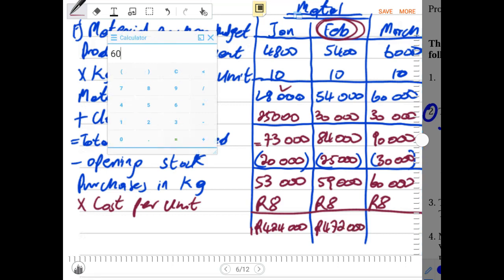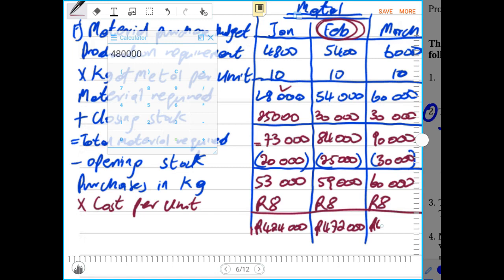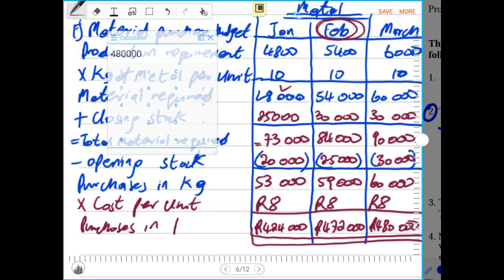Then after we say 60,000 kgs times that by 8, it will give us 480,000. So now these are the material that are estimated to be purchased, which is purchases in rands. This is purchases in rand. So now this is the purchases or the material that will be estimated to be bought.